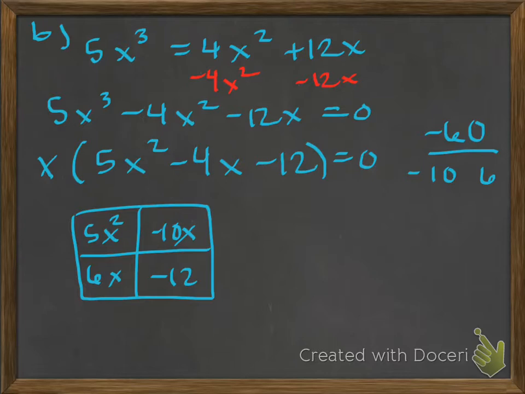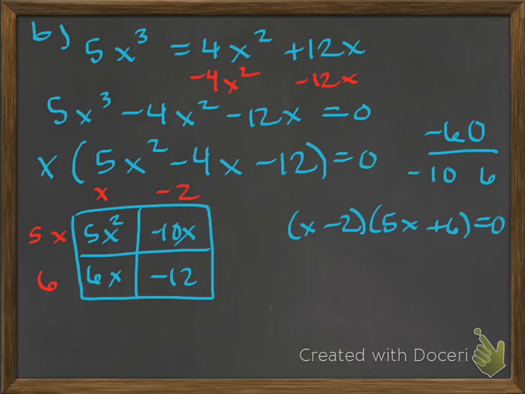So my first column, I can take out an x. My second column, I can take out a negative 2. My first row, I can take out a 5x. And my bottom row, I can take out a 6. So this will factor down to be x minus 2 and 5x plus 6.